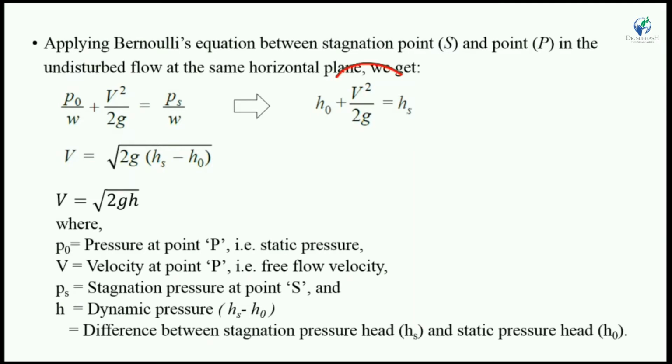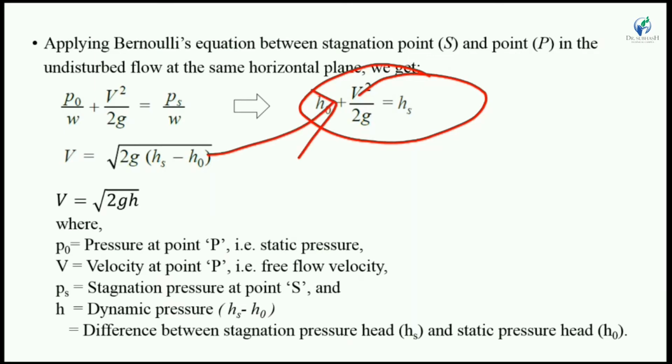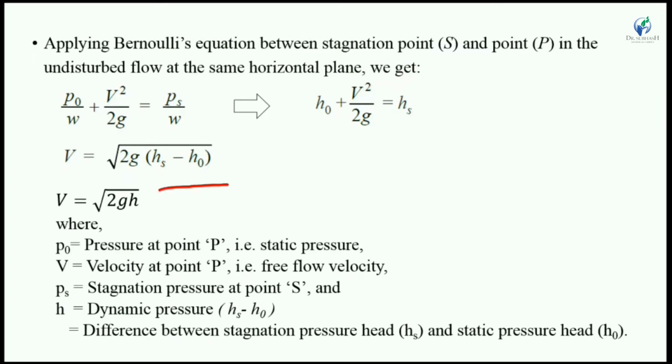Now we get the equation from this relation: V is equal to under root 2g (HS minus H0). Now HS minus H0 is equal to H, and H is the dynamic pressure head, defined as the difference between the stagnation pressure head and the static pressure head.